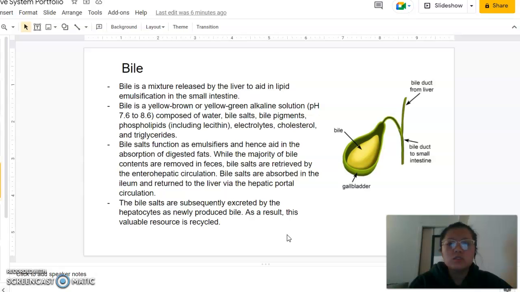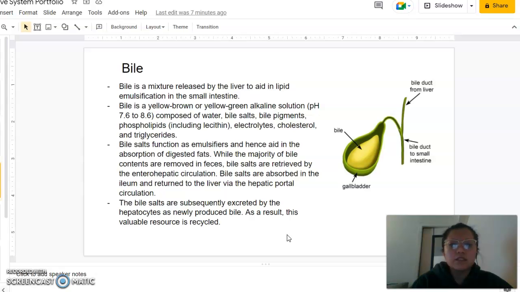While most constituents of bile are eliminated in feces, bile salts are reclaimed by the enterohepatic circulation. Once bile salts reach the ileum, they are absorbed and returned to the liver through the hepatic portal blood. The hepatocytes then excrete the bile salts into newly formed bile.